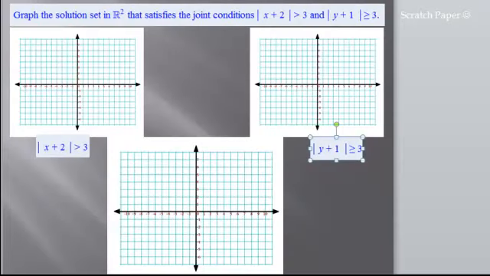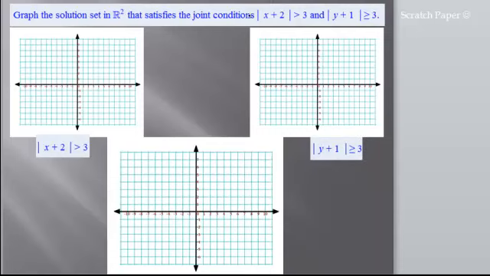Graph the solution set in all the real numbers squared that satisfies the joint conditions. Absolute value of x plus 2 is greater than 3, and absolute value of y plus 1 is greater than or equal to 3. So what we should do is focus on these little pieces.